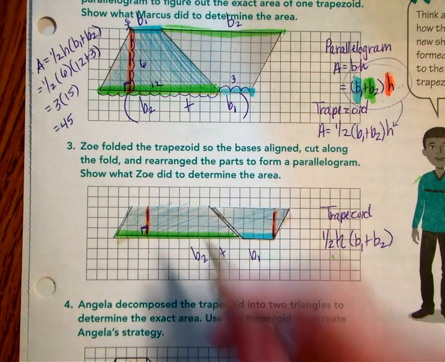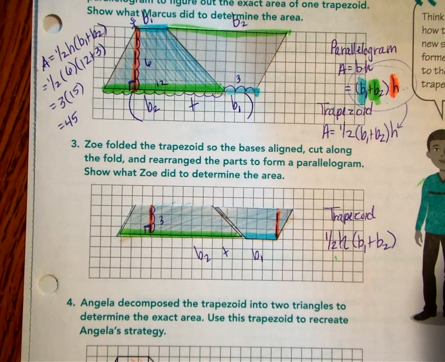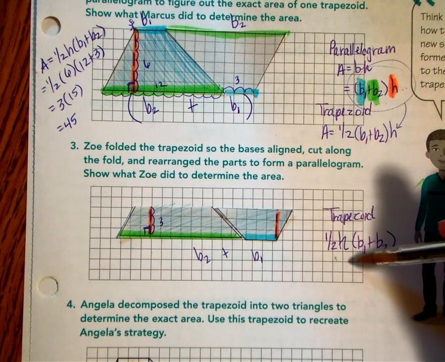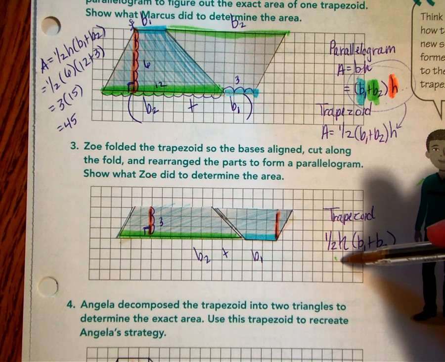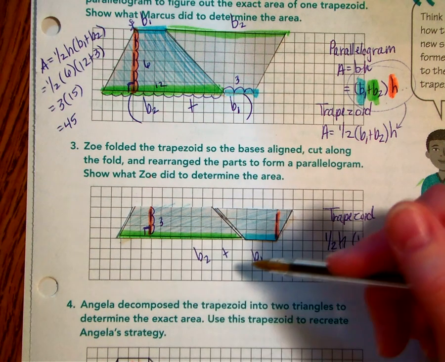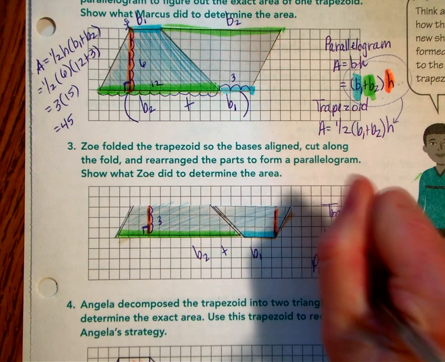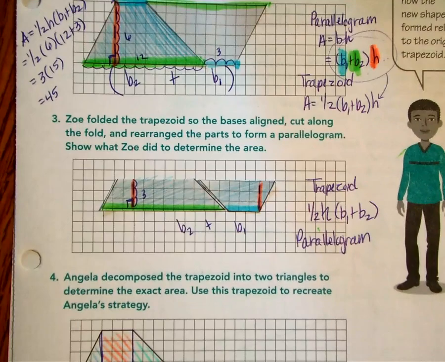All right, we've got height here is only 1, 2, 3 of the new parallelogram. I don't want to cut this in half twice, because if I do, I'm going to have a height of 1.5. This is a parallelogram that no longer resembles a trapezoid.